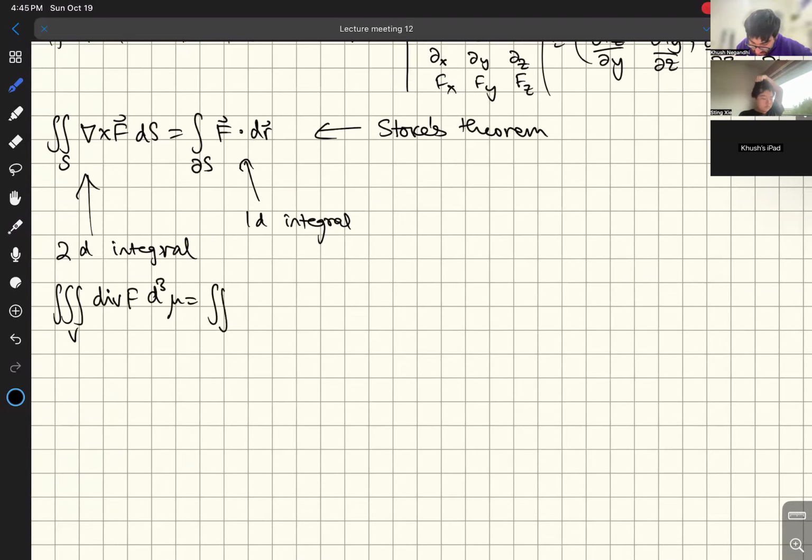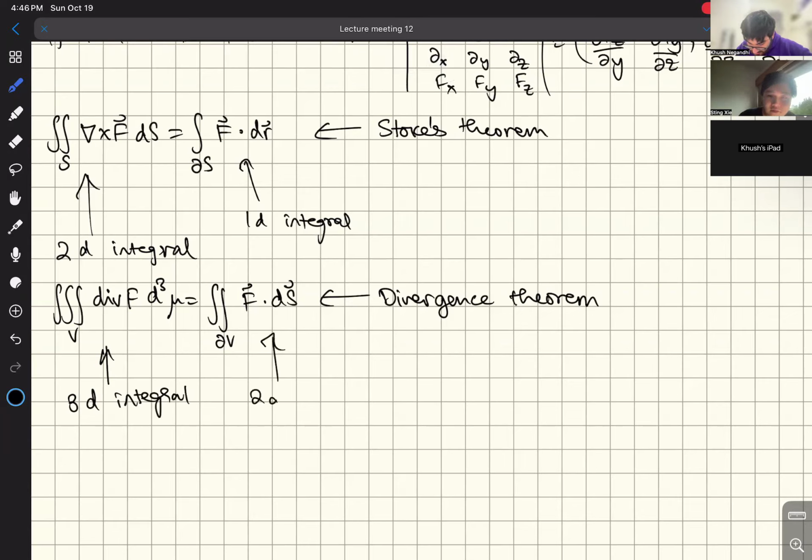And this just equals the integral over the boundary of the surface integral that we defined above. This is called the divergence theorem. Let's notice again, 3D integral becomes a 2D integral. And it has the same form. The integral of the derivative of something is equal to a lower dimensional integral of just the thing itself. So in some sense, all these things are actually the same thing.